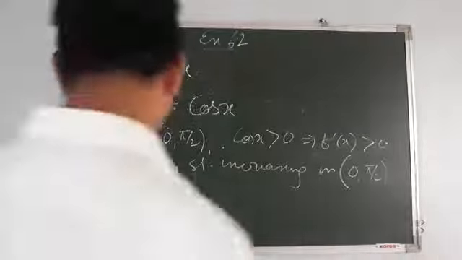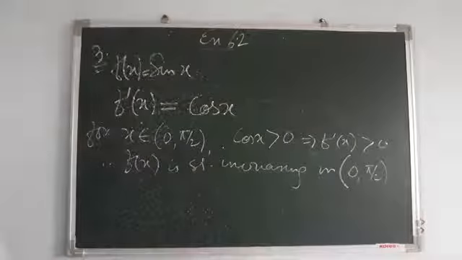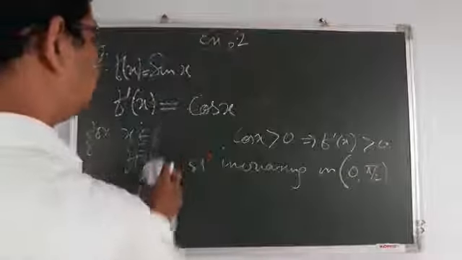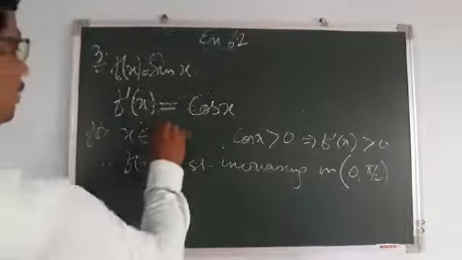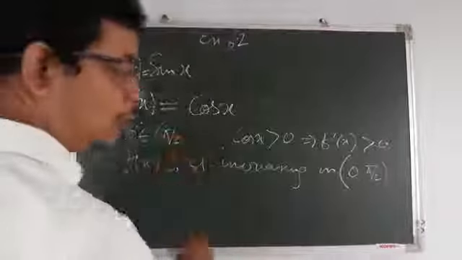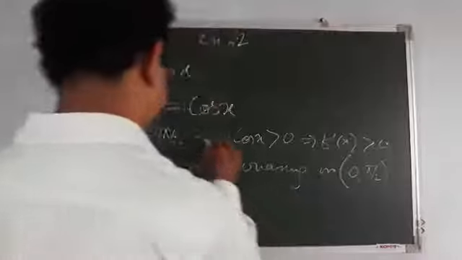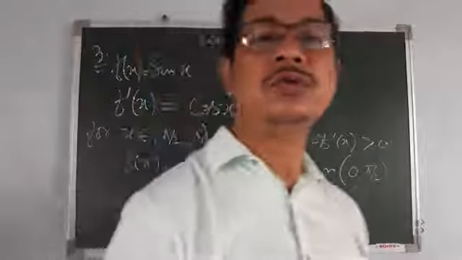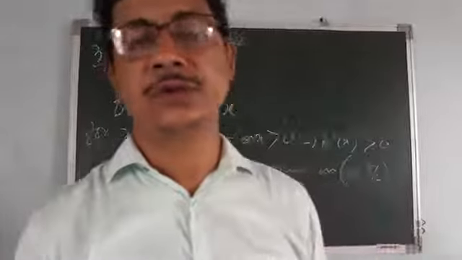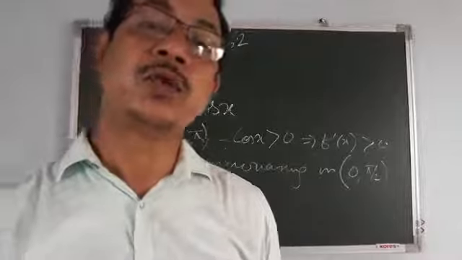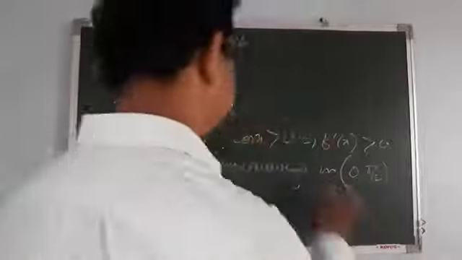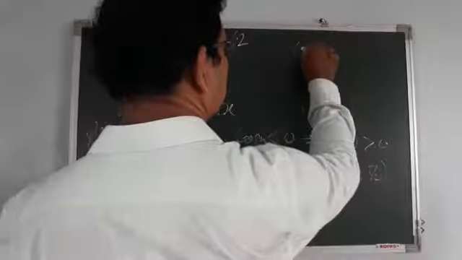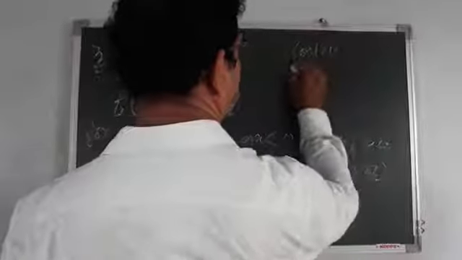Now we will change the boundary. Now we will take 90 to 180 as they have said. Cos 90 is 0. If we take cos 120, it is a negative term, minus root 3 by 2. How to calculate cos 120?